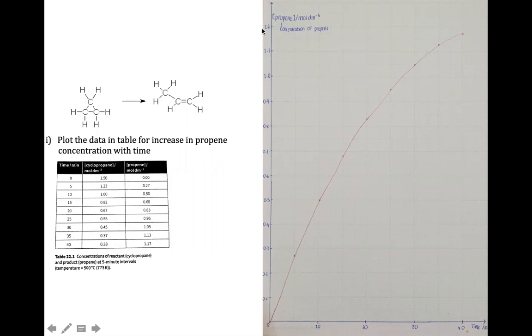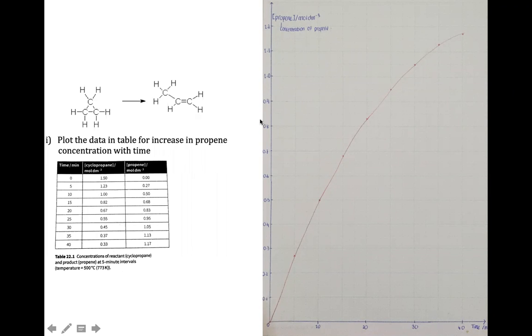So change in concentration, if you look at the graph, concentration is the y variable and the time taken is the x variable, okay? To find the rate of a reaction, you can use a concentration time graph, and I hope you still remember this.